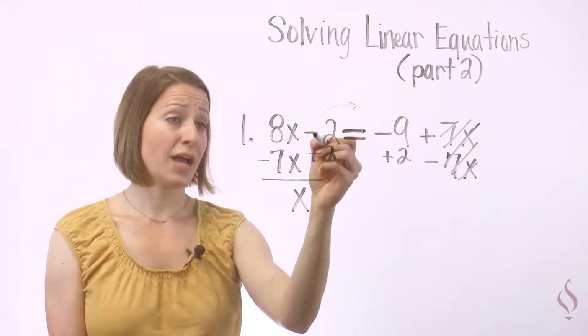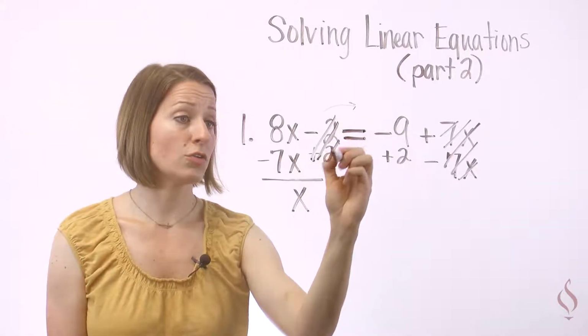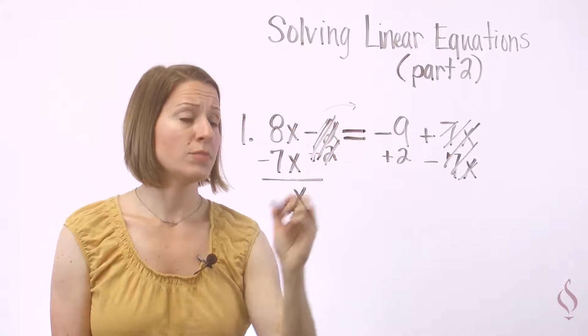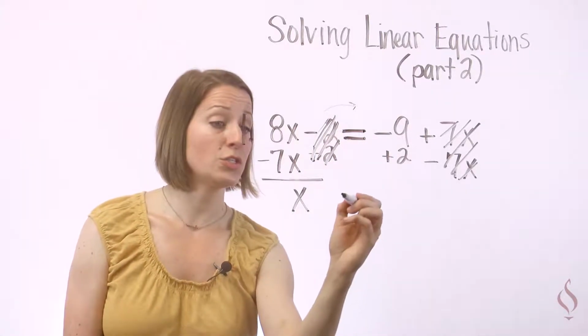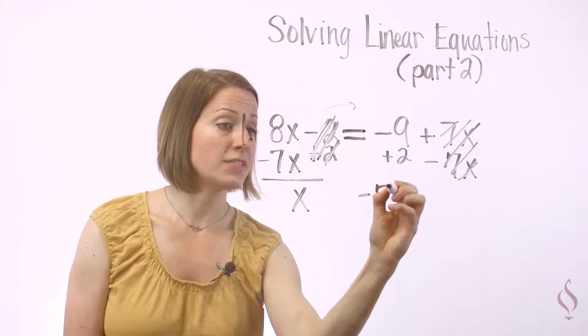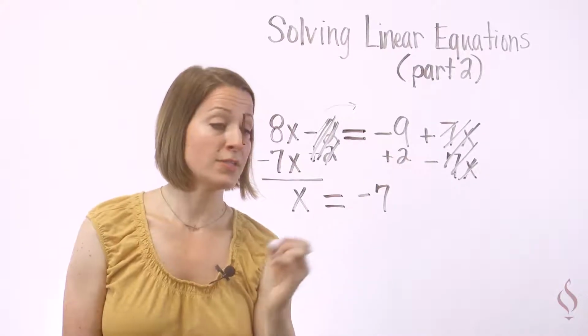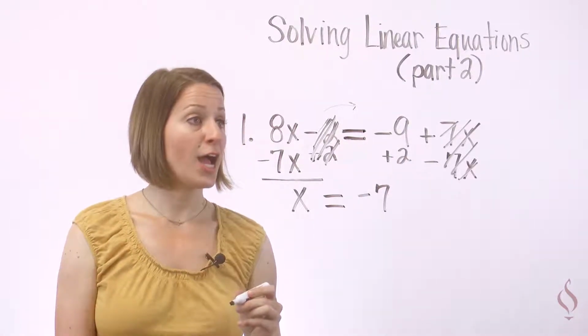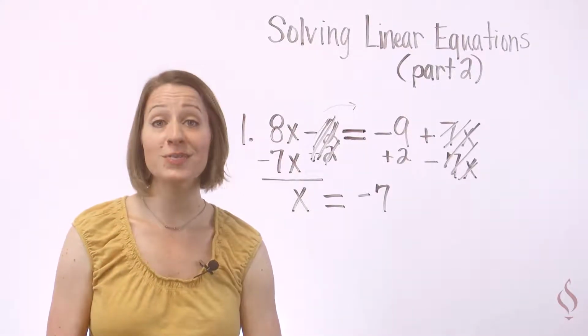Over here, negative 2 plus 2 zeroes out, so you can cross that out just to make sure you don't reuse it. And then negative 9 plus 2 is negative 7. And that's it, guys. This one came out pretty easy. All we had to do was rearrange and it solved itself. So the answer for this one is negative 7.